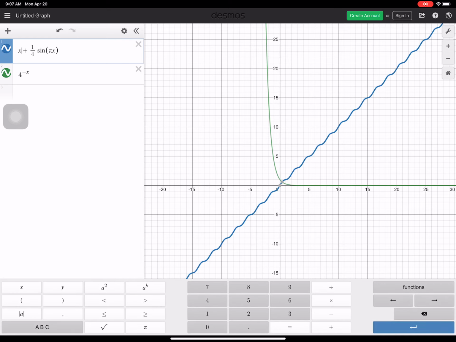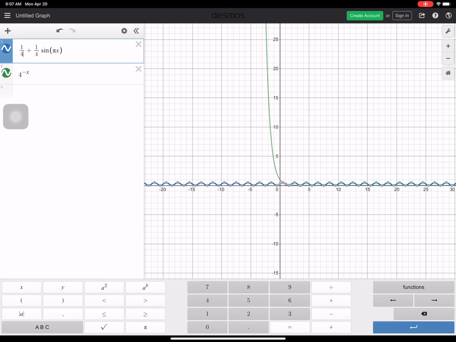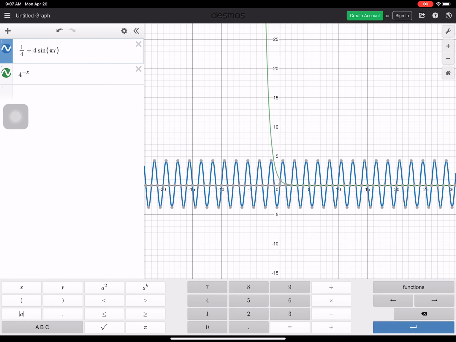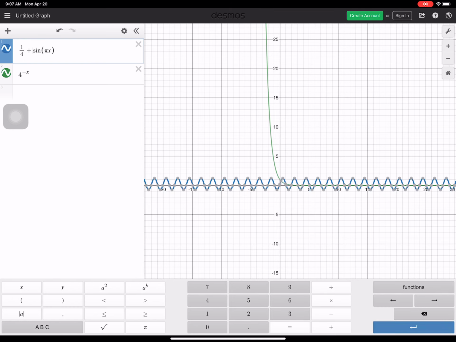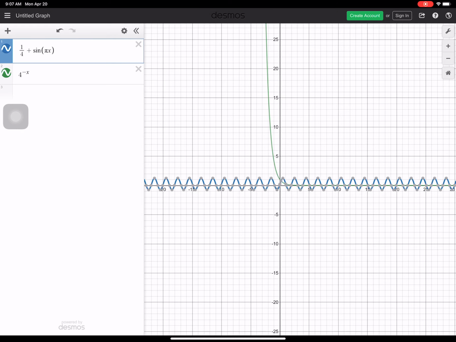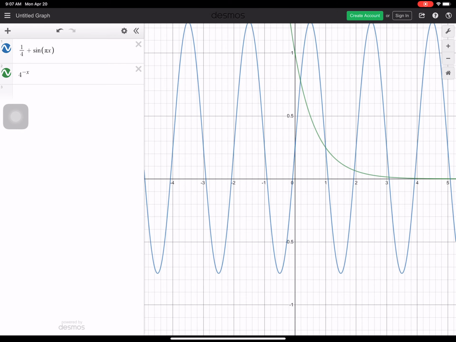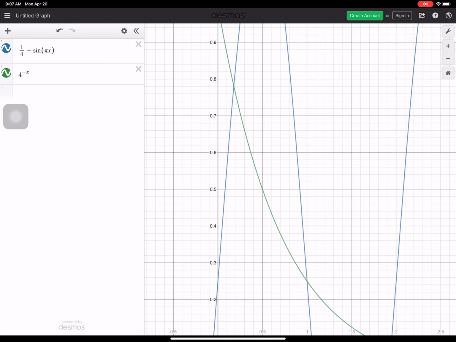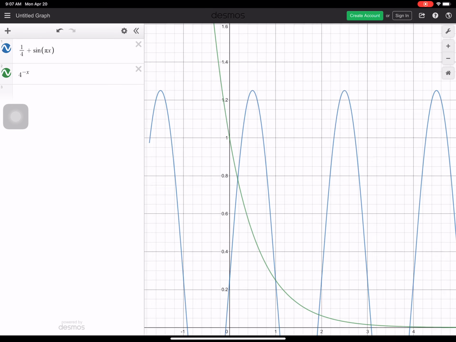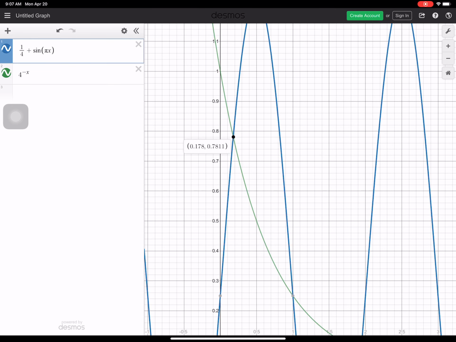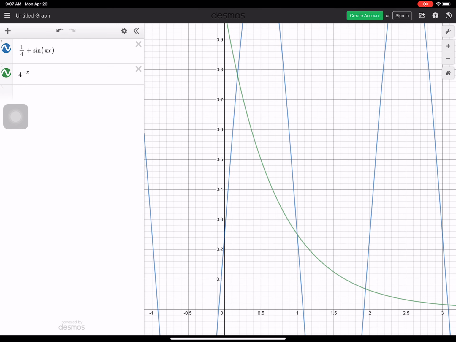Whoops, I kind of wrote that wrong. 1 divided by 4 plus sine pi x. We're going to zoom into the first quadrant, and there's that region R. So there's my first intersection point, 0.178. My second intersection point is 1.